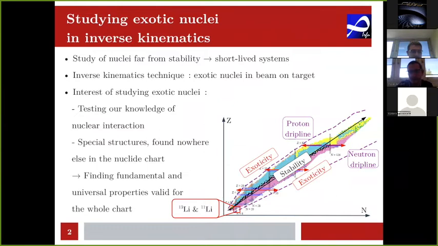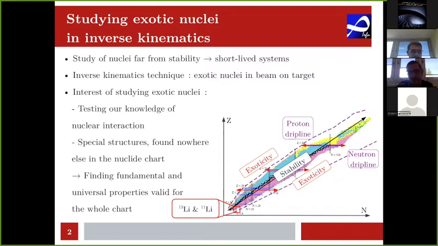So on the nuclide chart, they are located close to the drip lines, and they are short-lived systems that exhibit a wide range of structures, and they are a very good testing ground for the nuclear interaction and our understanding of nuclear structure.